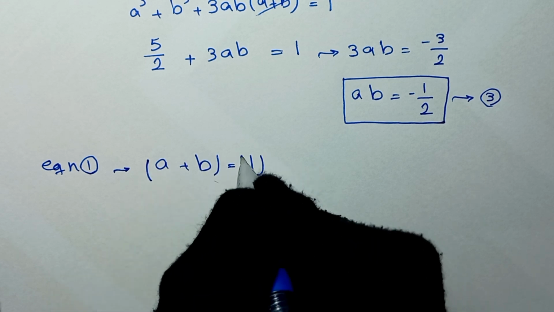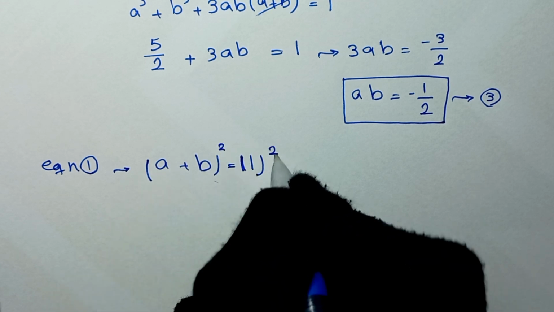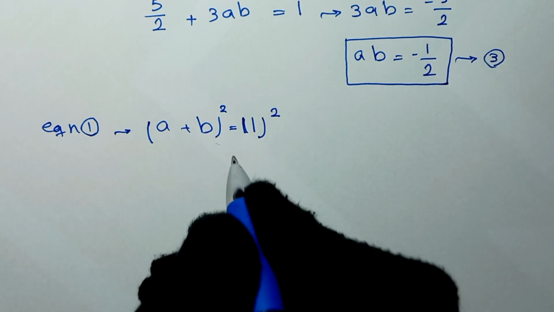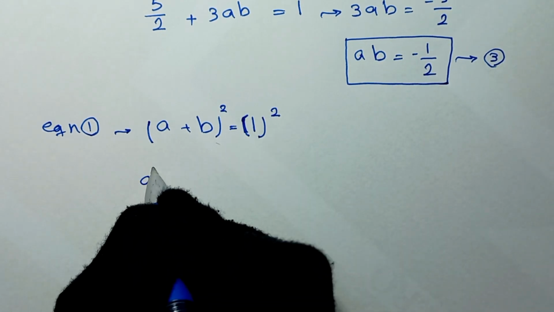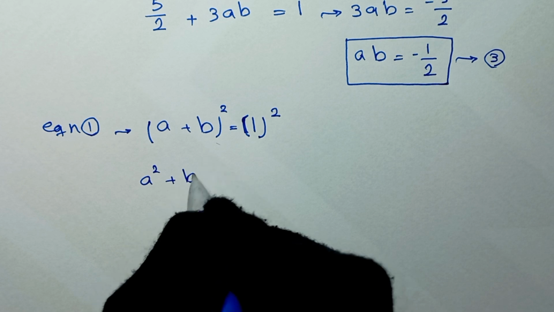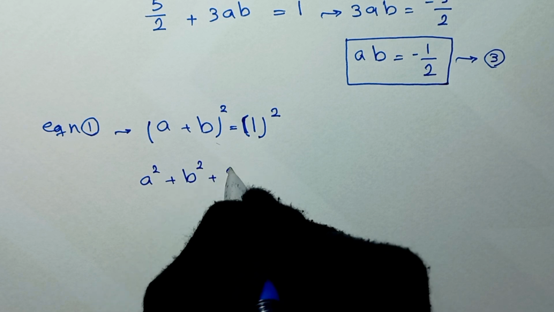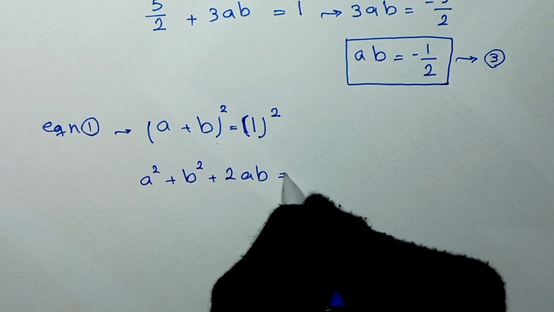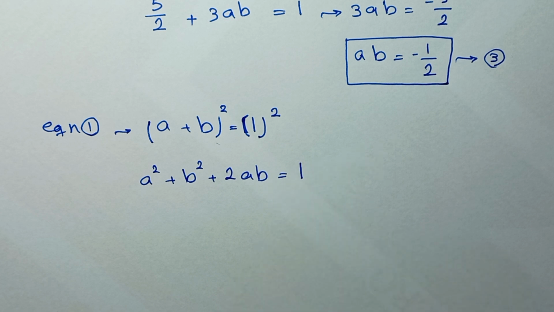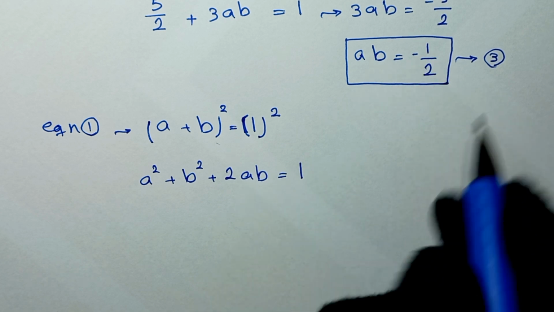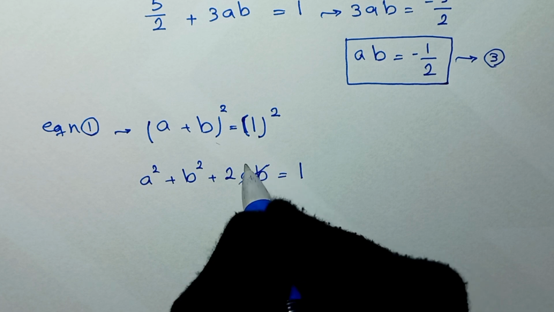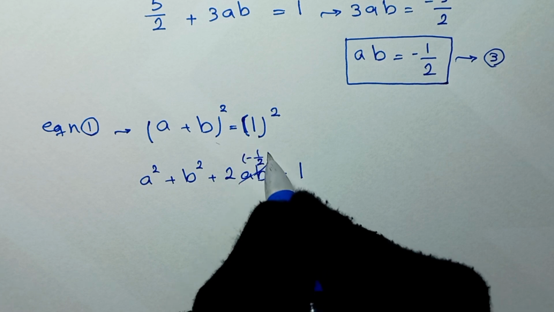So a square plus b square plus 2ab is equal to 1 to the power of 2, which is 1. And here, ab is negative 1 over 2, so we write this as negative 1 over 2.